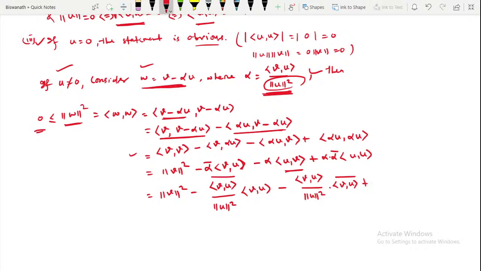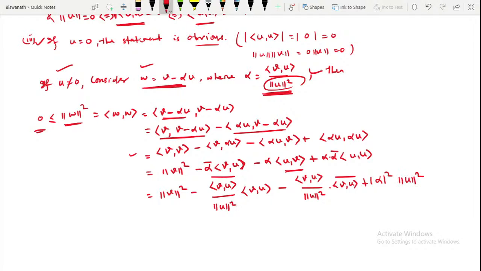Okay, and then here alpha alpha bar is your mod alpha square, since z into z bar is mod z square, so mod alpha square, and u inner product with u is your norm u square.